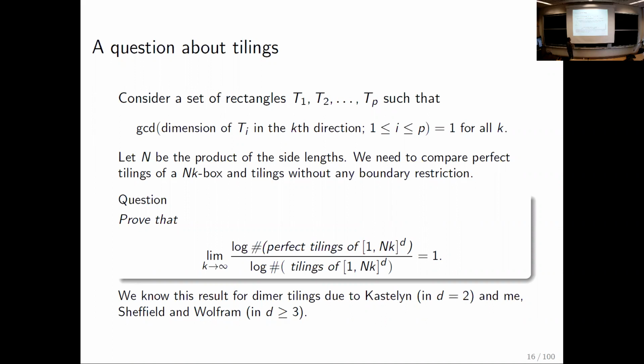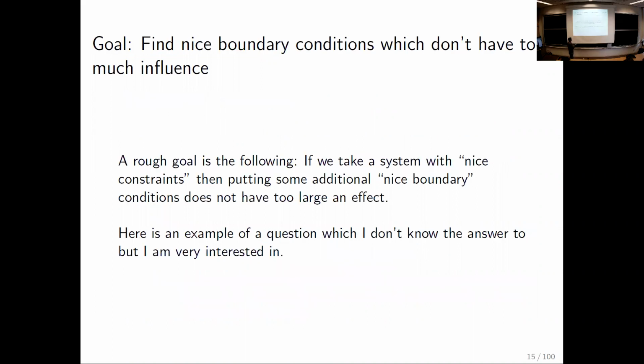And now what I want to do is compare the following. The two ways I can tile objects perfectly, which is I take a big enough box and I want to look at a perfect tiling of this box. So this is in some sense specifying that the boundary is completely smooth. And the other is where I don't put this constraint and I allow all possible tilings. And I've written the inequality that we had previously.